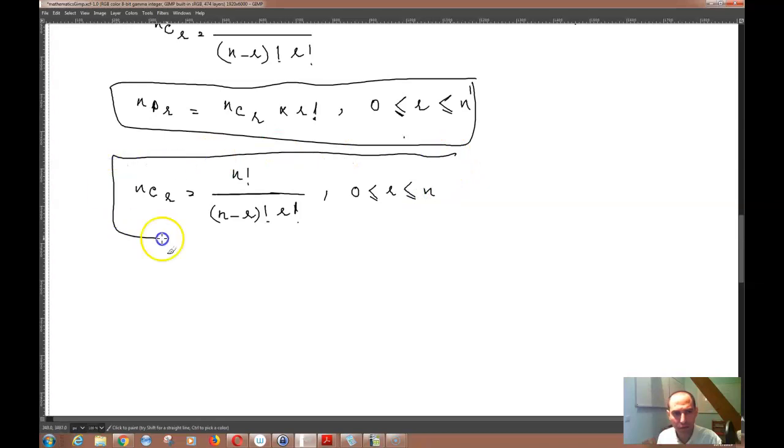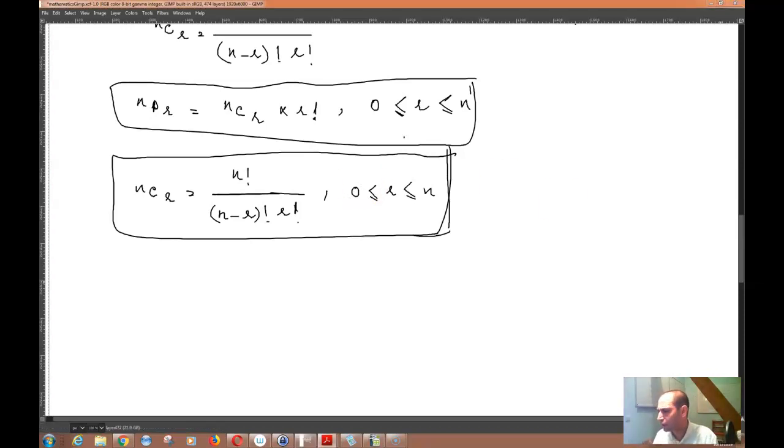That is now the formula for combination, and in this formula r can be equal to 0 as well, right? There are a couple more things here to talk about, and after that we have a couple of theorems and things like that.